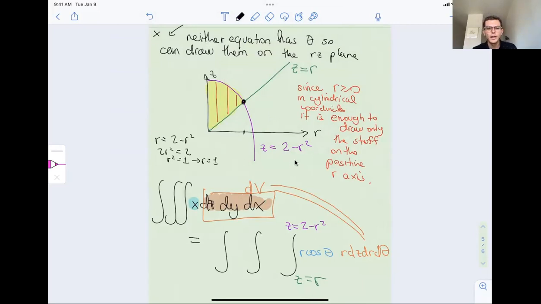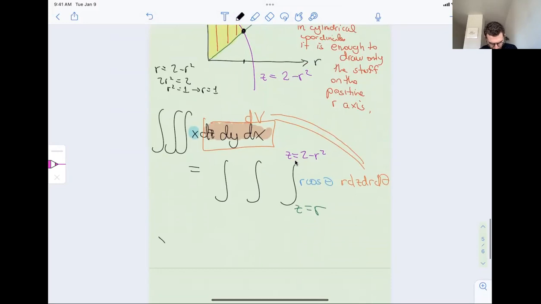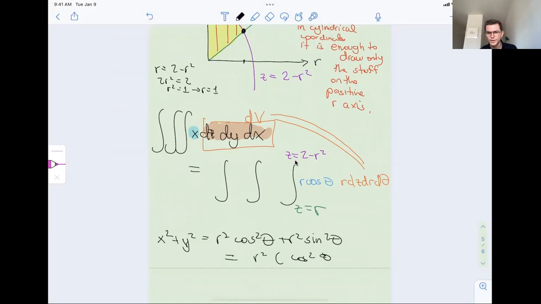Oh, I can do it here. x squared plus y squared becomes r squared cosine squared of theta plus r squared sine squared of theta. Then you factor out an r squared and you get cosine squared plus sine squared, and that becomes 1.